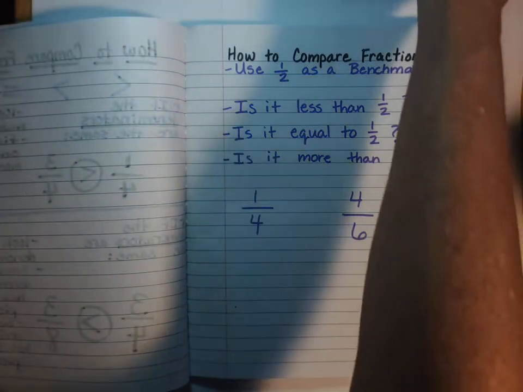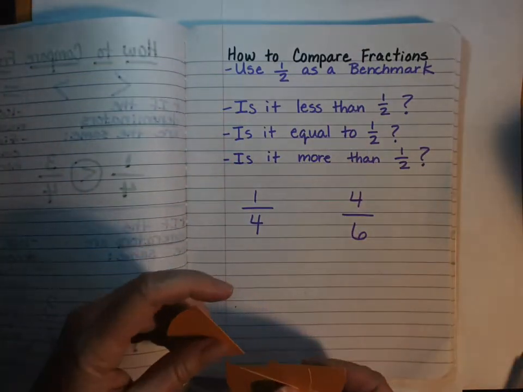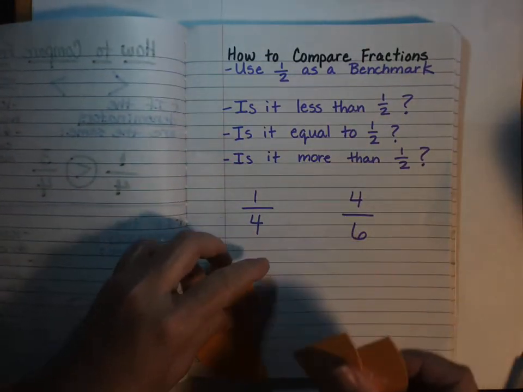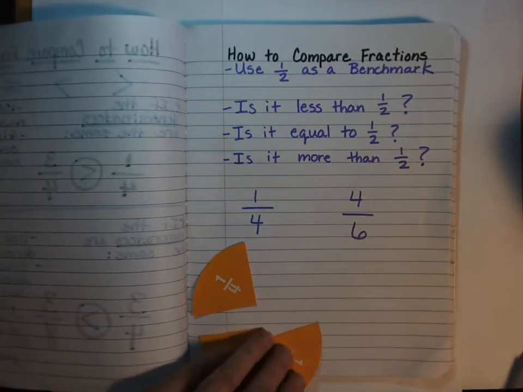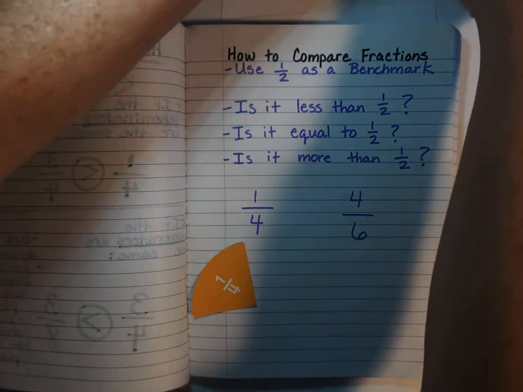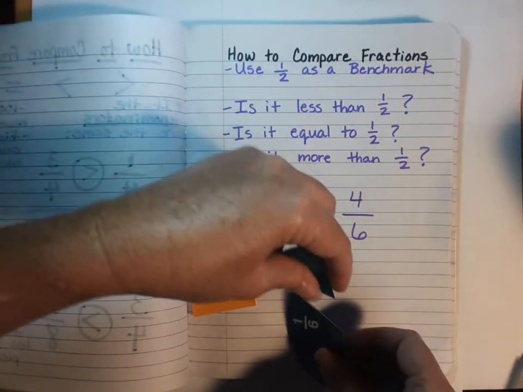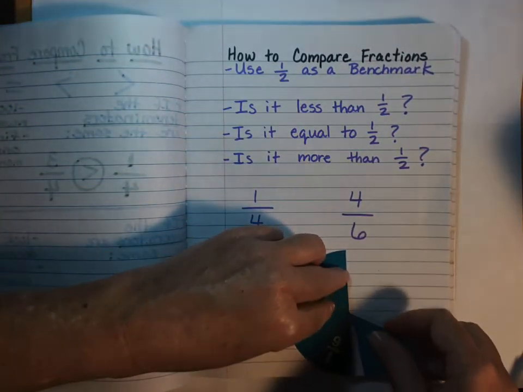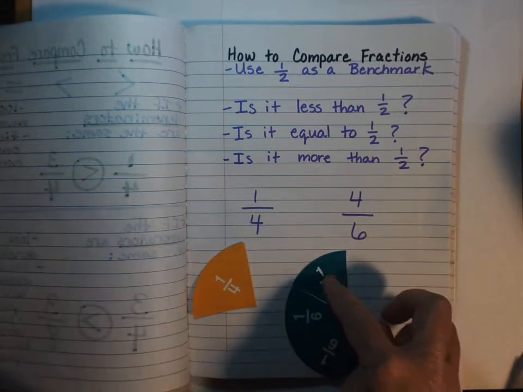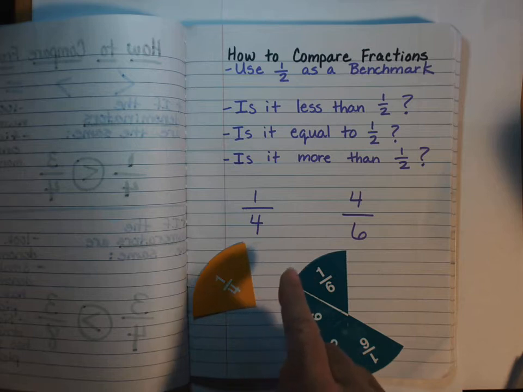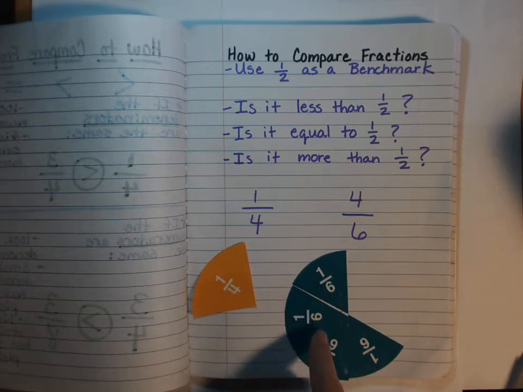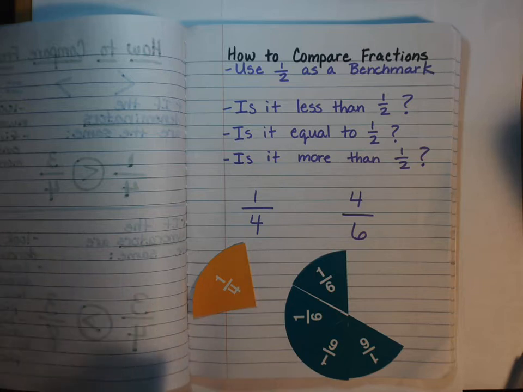I can take 1/4, that would be one of these, and I can take 4 out of 6: 1, 2, 3, 4, 4/6. I know that 1/4 is less than 4/6, and I can look at the model.